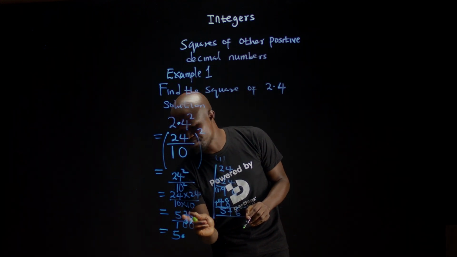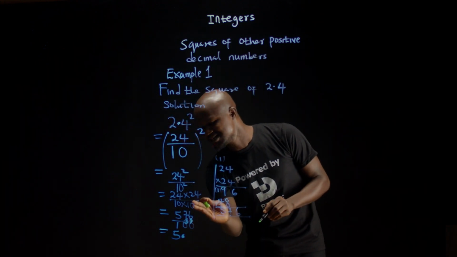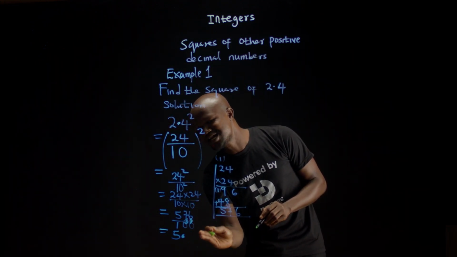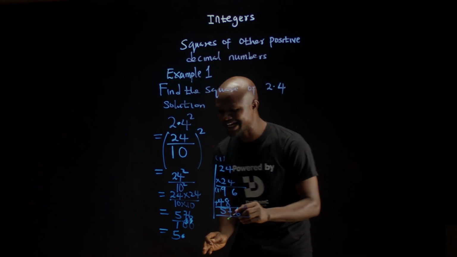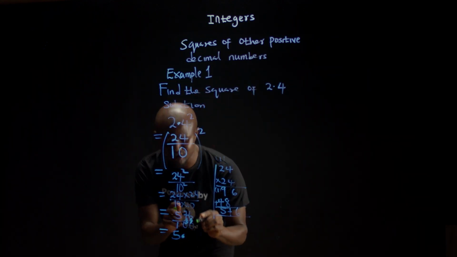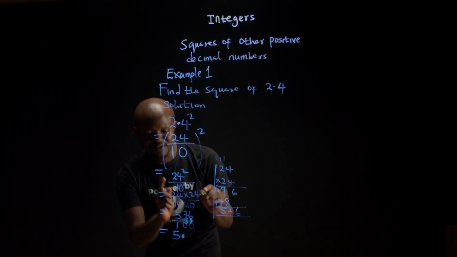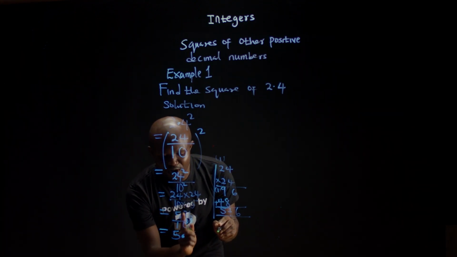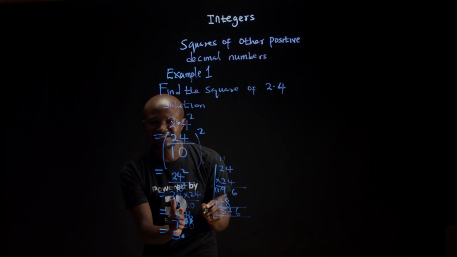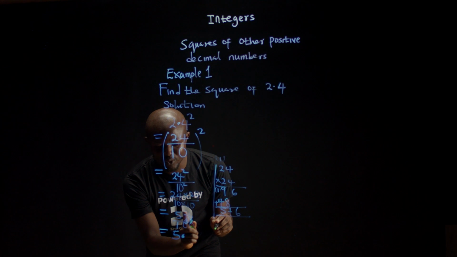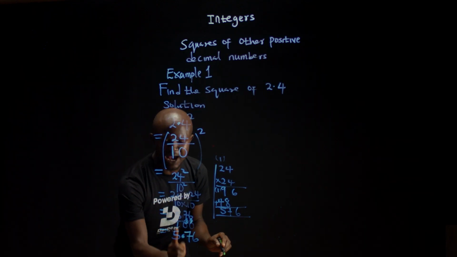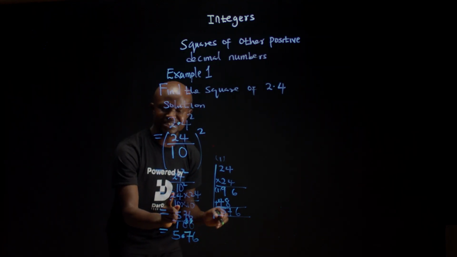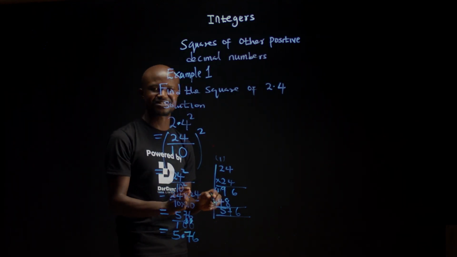We have 5, but we are only mapping zeros under this, which is improper. Please take note of that. So in that case, we are going to introduce the decimal point in front of the first number. The first number we have here is what? 7. So 5.76. So you can see 5.76 is the same thing as 576 over 100.